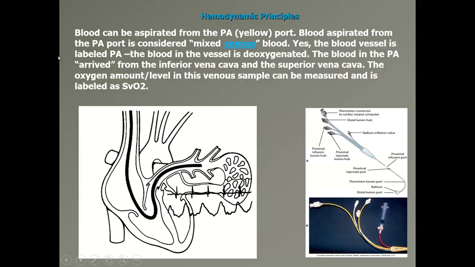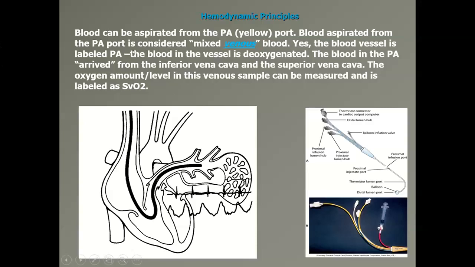So why would we do this? Why would we want to aspirate blood from the pulmonary artery port? Well, the blood that's aspirated from the pulmonary artery port is considered to be mixed venous blood. Yes, we know that it is called a pulmonary artery, but the vessel carries deoxygenated blood. And where does that blood come from?